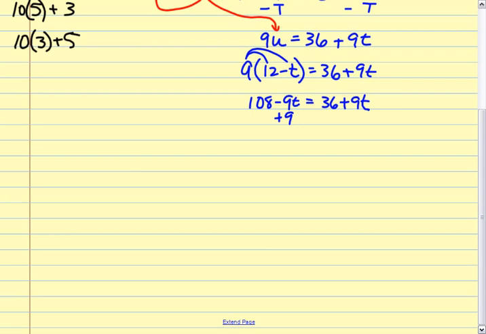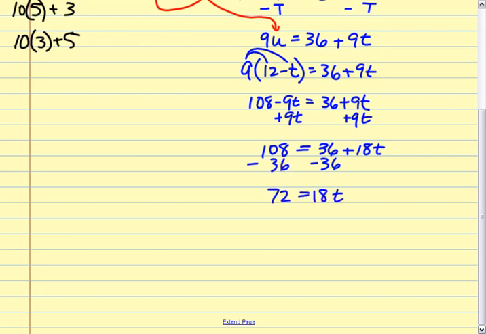I'm going to add the 9t's to both sides, and I get 108 is equal to 36 plus 18t. Then I'm going to subtract 36 from both sides and get 72 is equal to 18t. And if I'm not mistaken, when I divide both sides by 18, t is equal to 4. That means that in the original number, it was 4, the t, the tens place.